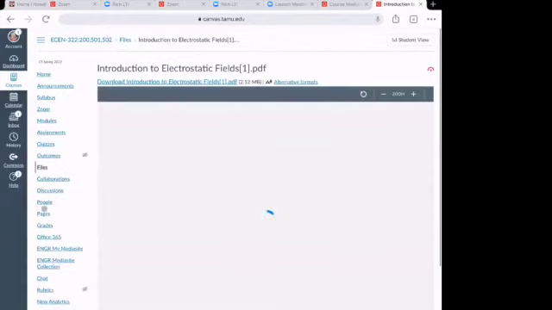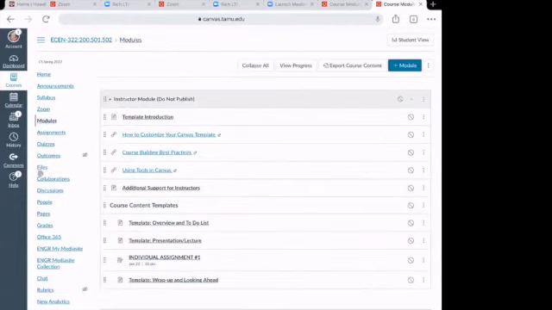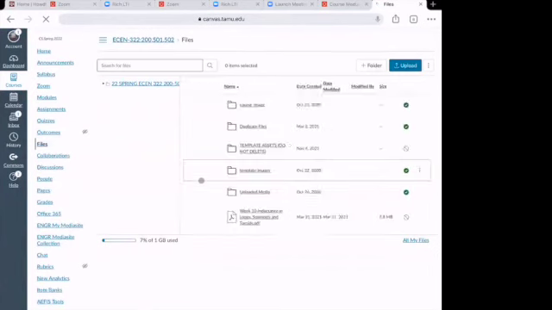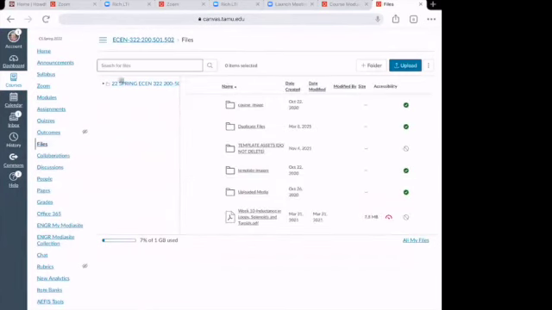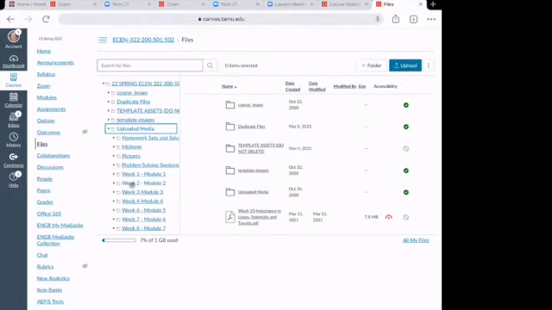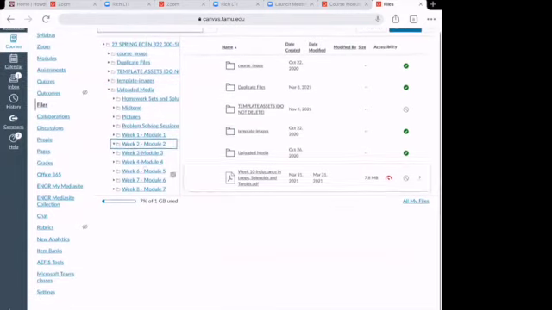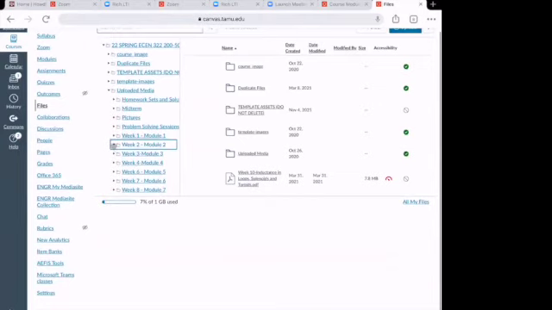Okay. So modules, files. Yeah, let's see.